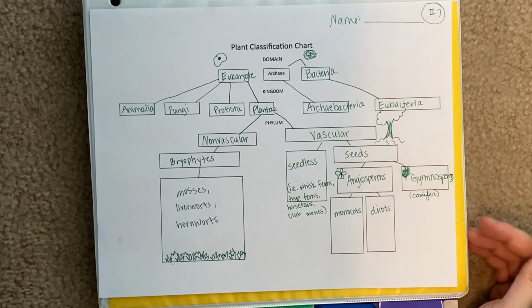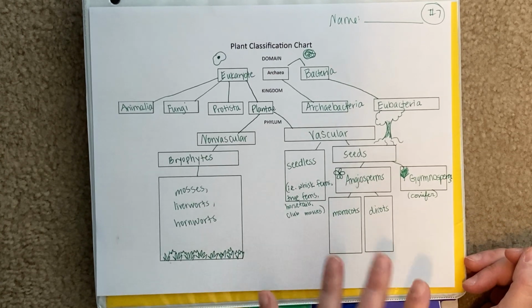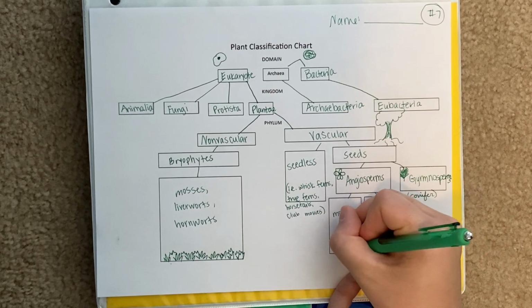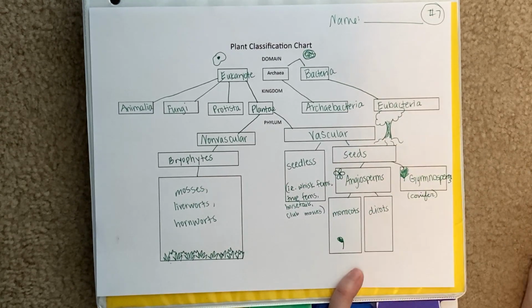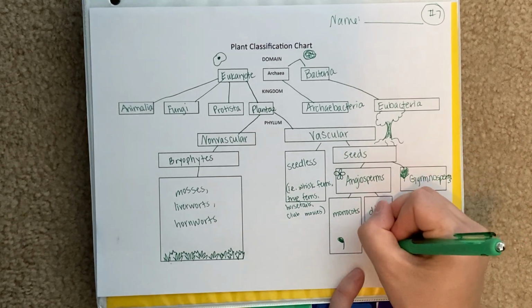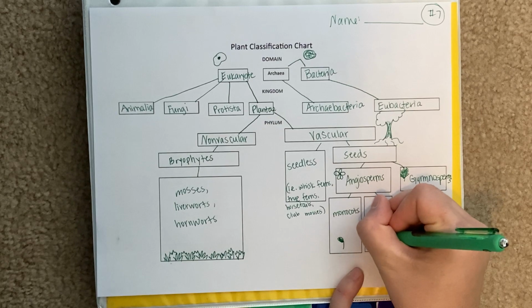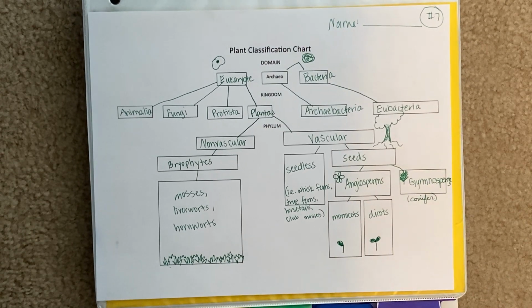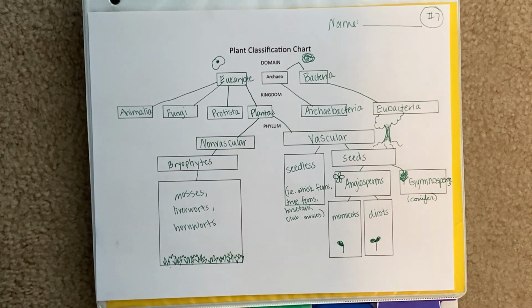If you were able to watch the video yesterday, talking about a couple of the differences between monocots and dicots, the only one that we mentioned in the notes was that a monocot is a seed that when it sprouts it only produces one cotyledon or seed leaf, and a dicot is a plant that when it sprouts produces two leaves at a time. Okay, so this is just kind of a more visual way to see the separation.